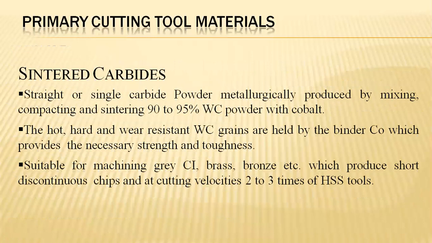The primary cutting tool materials, such as sintered carbides, are a combination of straight grades, where a single carbide powder is utilized in the composition or blending of a range of metallurgy, which has been compacted and sintered, with 90 to 95% WC powder with respect to the cobalt composition.